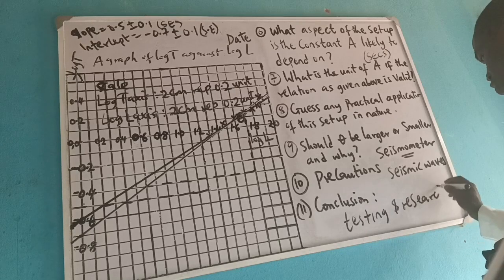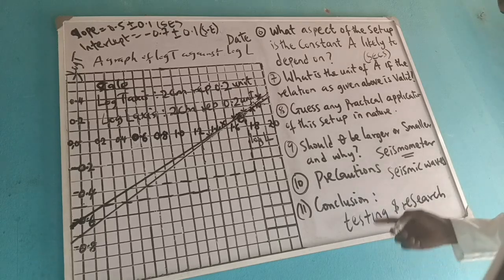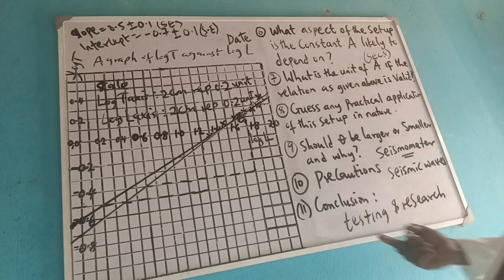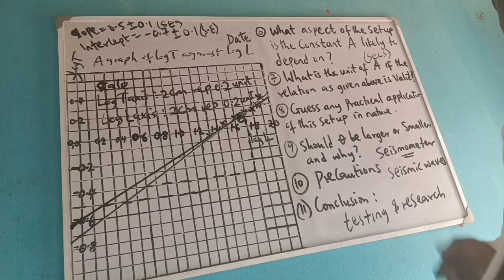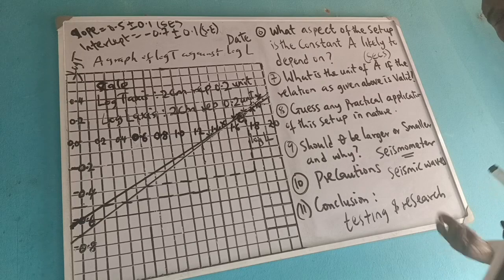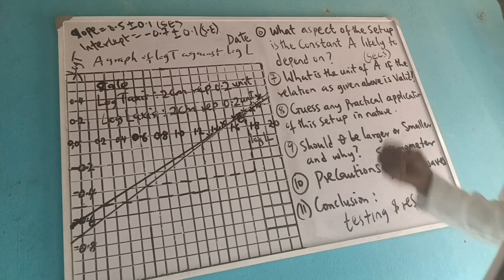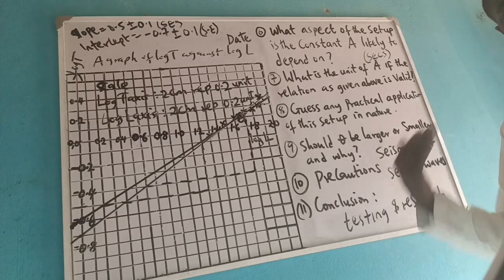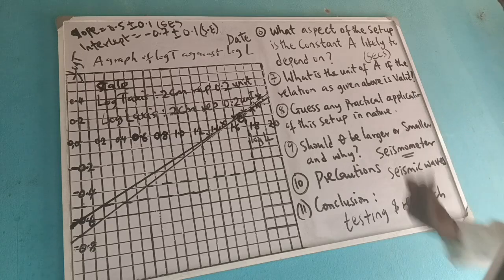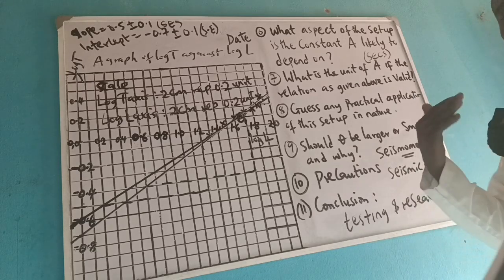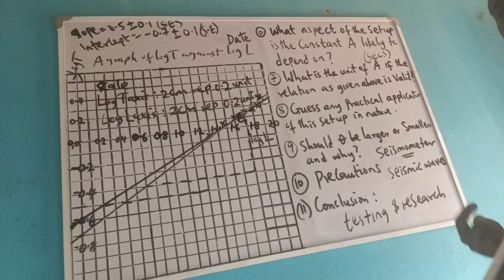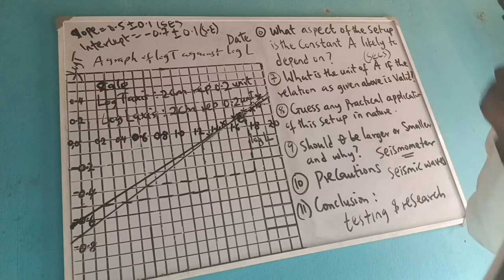Those that are going into research, you want to test something, you want to research something. Let's say you want to check the acceleration due to gravity. You embark on the research, do your experiment and get it. So it is used in physics education to demonstrate periodic and harmonic motion, and it is used in a seismometer to detect and measure seismic waves and earthquakes.